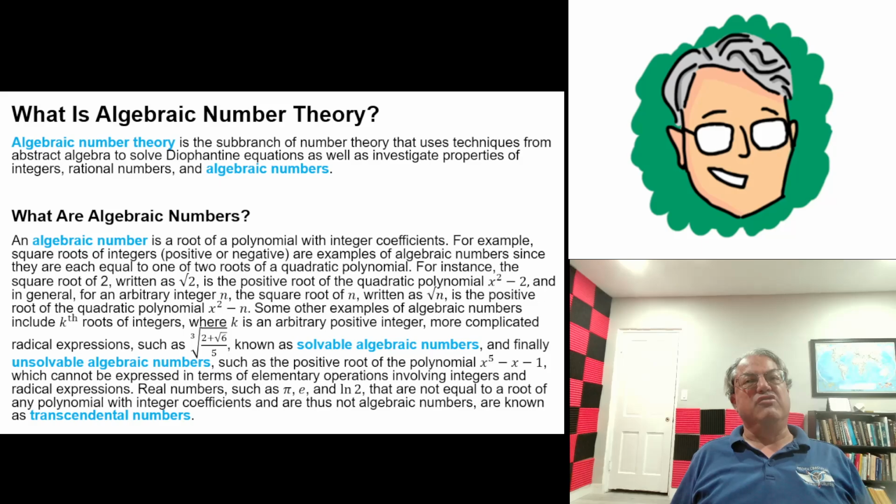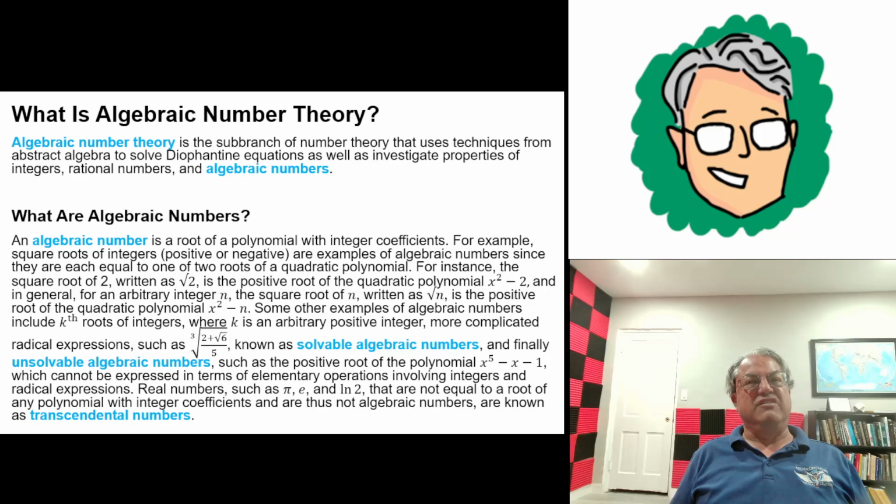Those are solvable, but it turns out there are also algebraic numbers that are not solvable. They're called unsolvable. I think this was proven by Abel in the early 19th century. It turns out that for every polynomial of degree up to 4, all the roots are solvable.